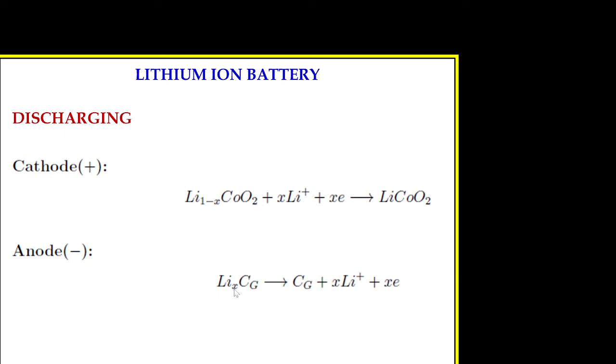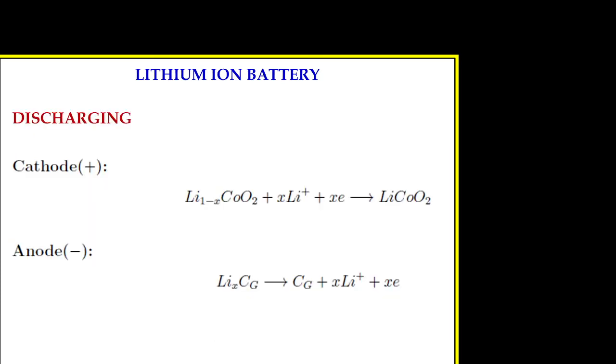Lithium atoms inserted between the graphite layers are removed, and lithium ions are generated plus x electrons. This is the negative electrode because electrons are generated here. These lithium ions get transported through the electrolyte and reach the lithium cobalt oxide crystal surface, where they are inserted into the crystal lattice and converted back to lithium cobalt oxide. This is the discharging reaction.